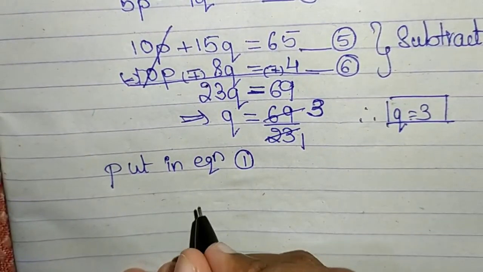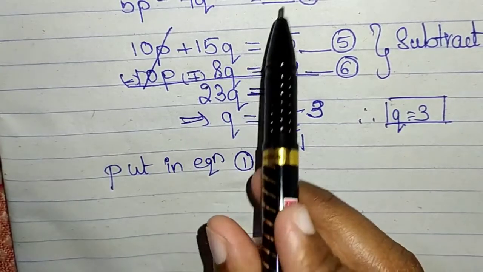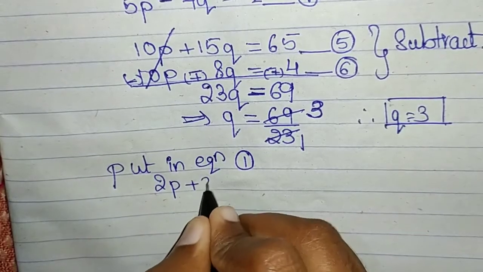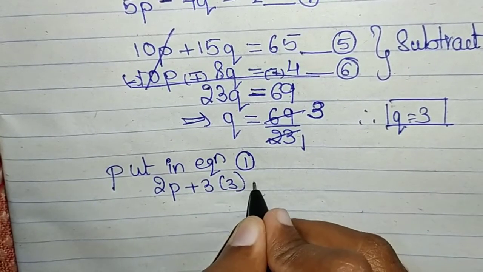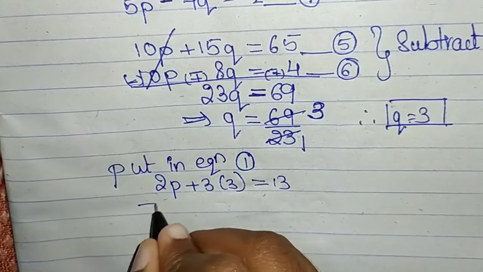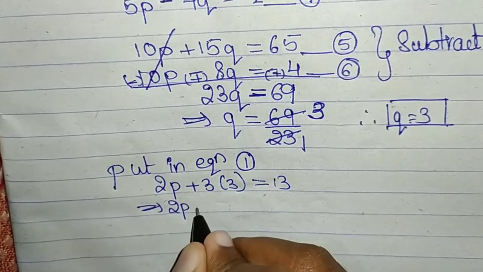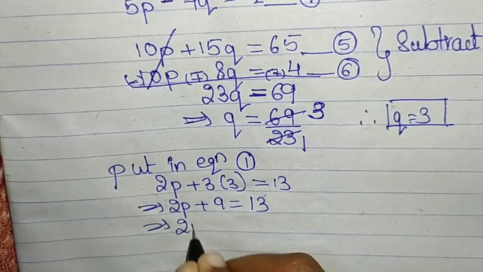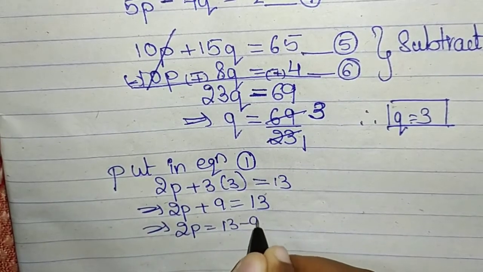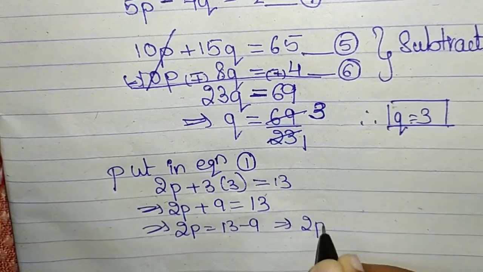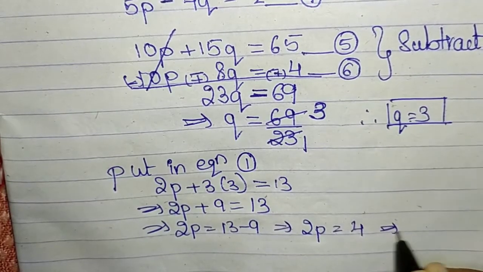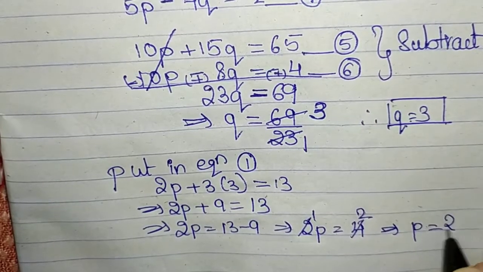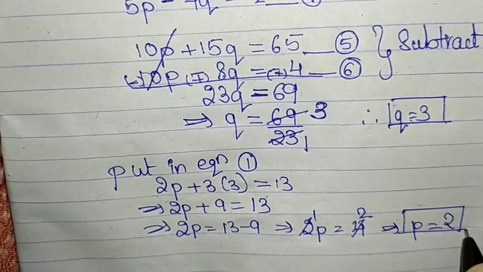So putting the value in equation 3, we get 2p + 3 into 3, because it is 2p + 3q = 13. This implies 2p + 9 = 13. This implies 2p = 13 - 9, which implies 2p = 4. This implies p = 2, since 2 ones are 2, 2 twos are 4. p = 2. This is the value of p.